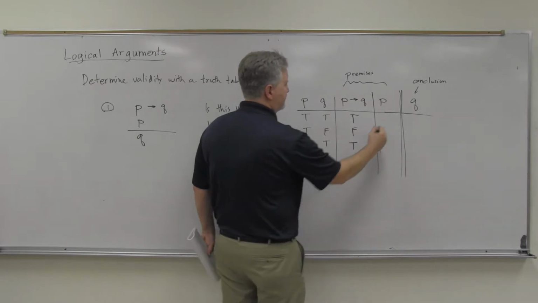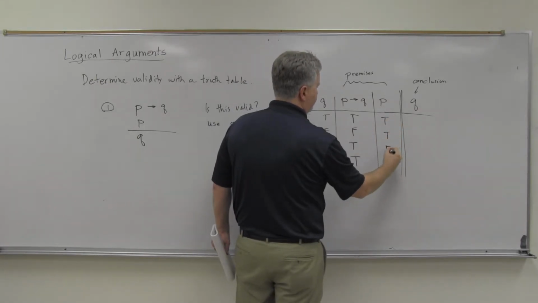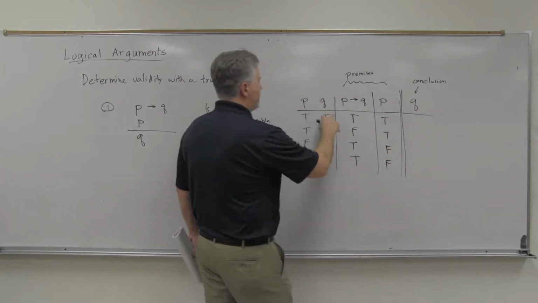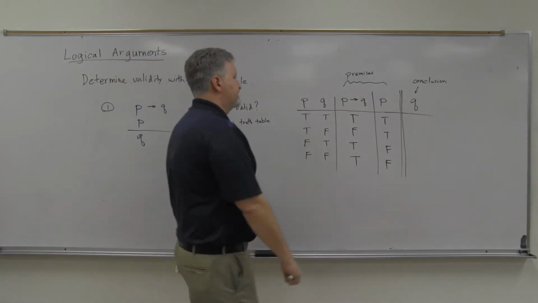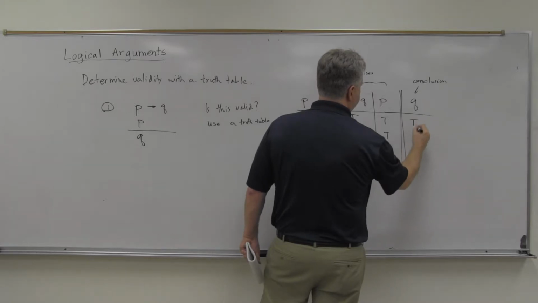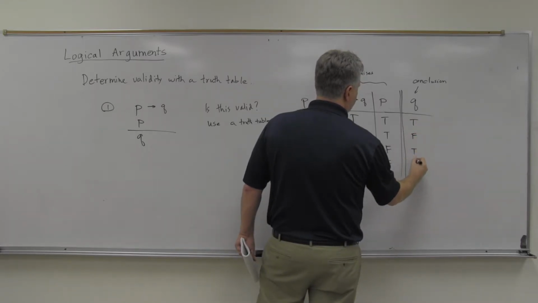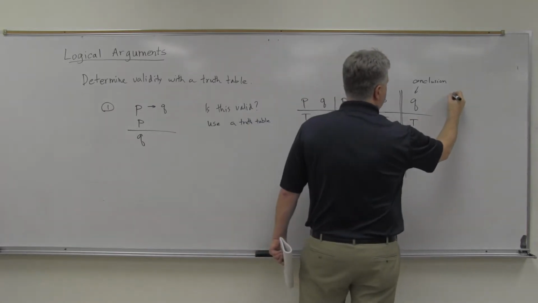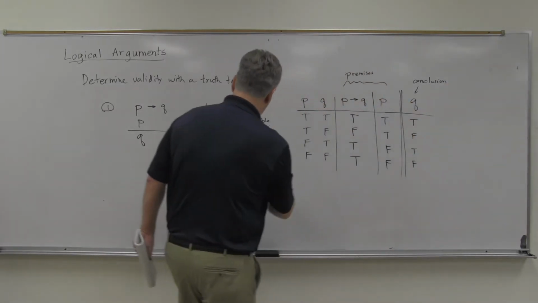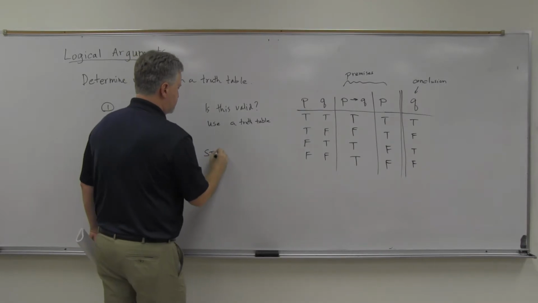Then the other two parts are real easy, because the second premise is just P, so all I have to do is copy the P column. True, true, false, false. And then the third column is just Q, so I just copy the Q column. So that's step 1. Let's outline our steps here.